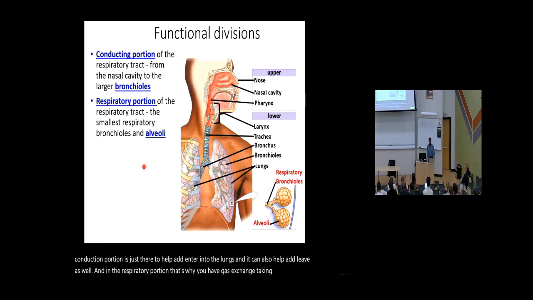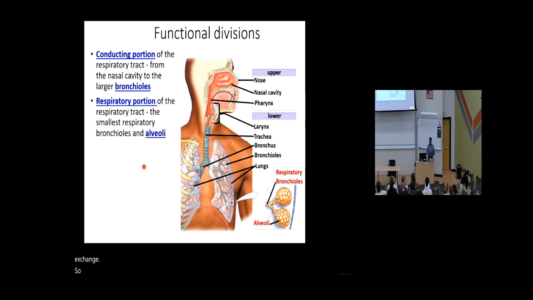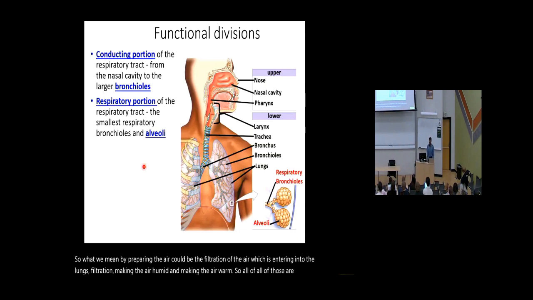The purpose of the conduction portion is to prepare the air so that it can engage in gas exchange. What we mean by preparing the air could be the filtration of the air which is entering into the lungs, making the air humid, and making the air warm. All of those are steps in making sure that the air is ready for gas exchange.